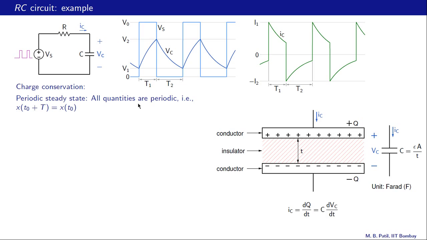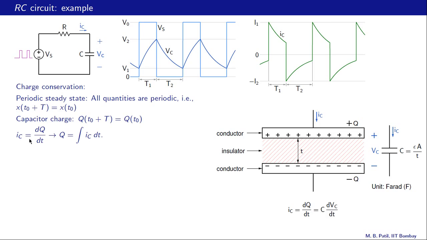All quantities are periodic, that is x at t0 plus T must be equal to x at t0, where x could be a current or a voltage or even the charge on the capacitor. Let us take x equal to q, the capacitor charge, and then we have q at t0 plus T equal to q at t0. This T is the period. In our case it is t1 plus t2.